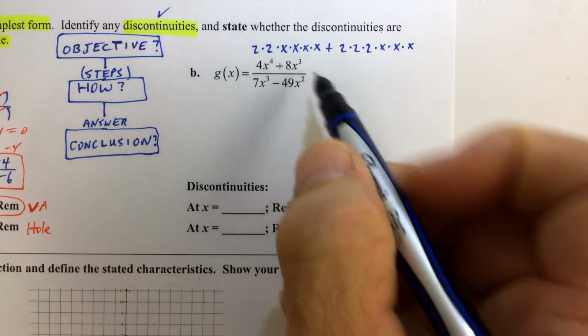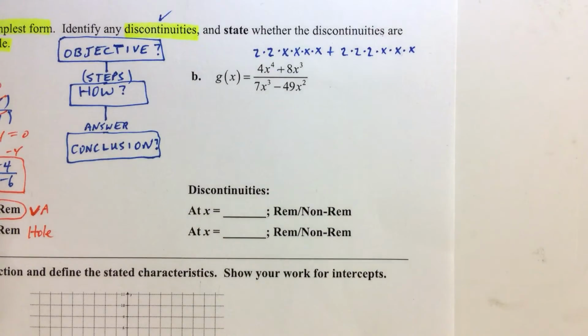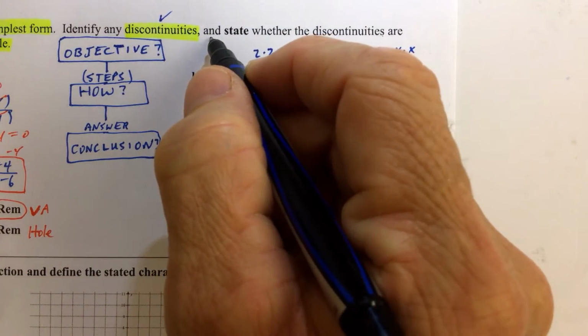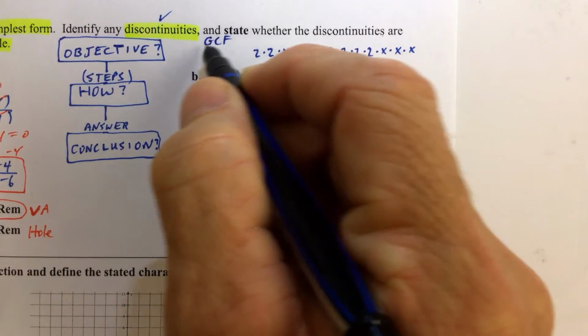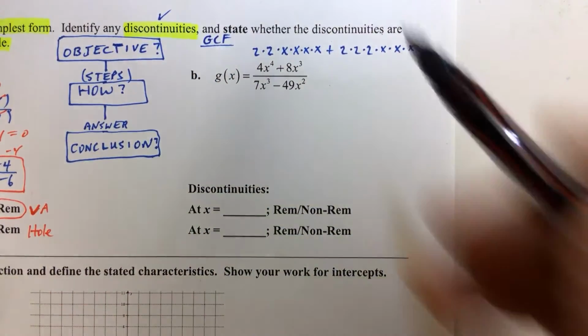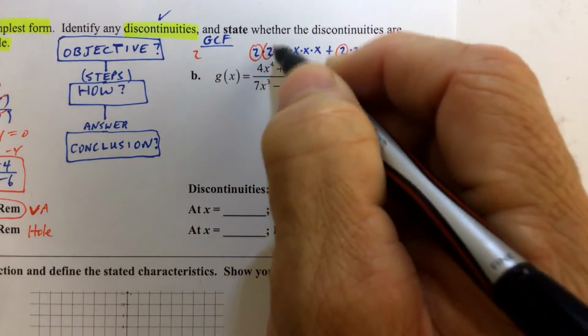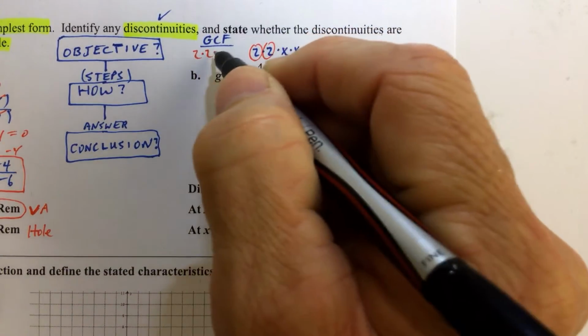So we're factoring the numerator, factoring out a GCF. What does that mean? Well, a greatest common factor. If we have factors that are common to both terms, then let's write that up here. Common to both terms, we have a 2 in both terms, another 2 in both terms.